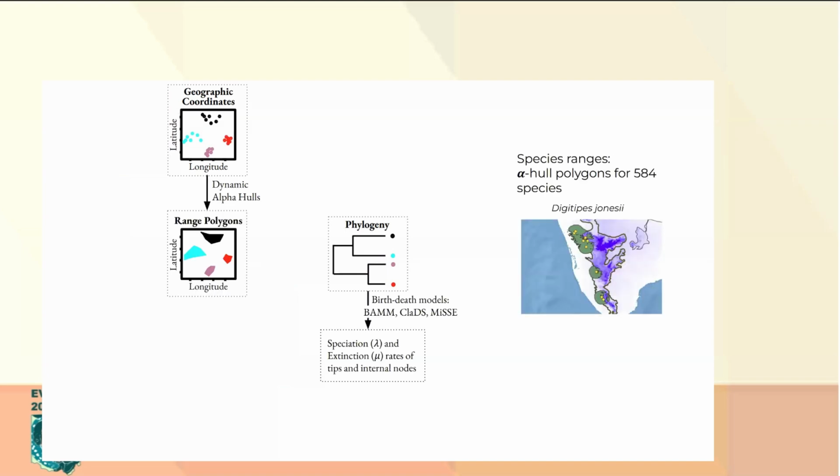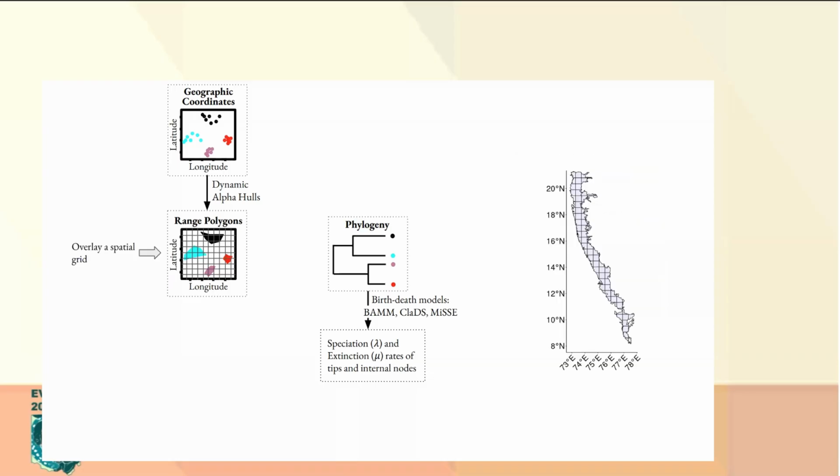Given the geographic coordinates of all the occurrences, I computed the range polygons, or species ranges, using dynamic alpha hulls. From each of the phylogenetic trees, I used heterogeneous birth-death models like BAMM, CLaDS, and MiSSE to calculate the speciation and extinction rates of the tips and internal nodes. One example of the range polygons is provided on the right-hand side.